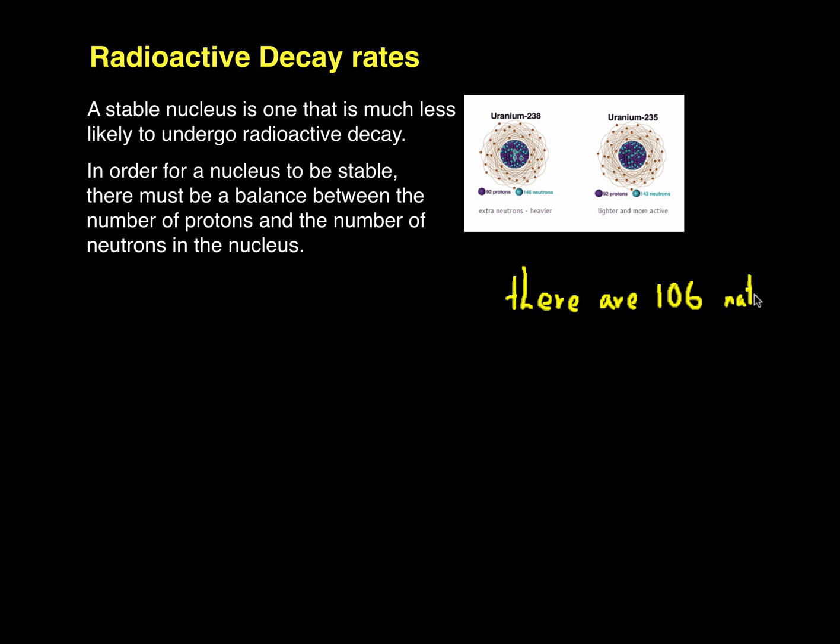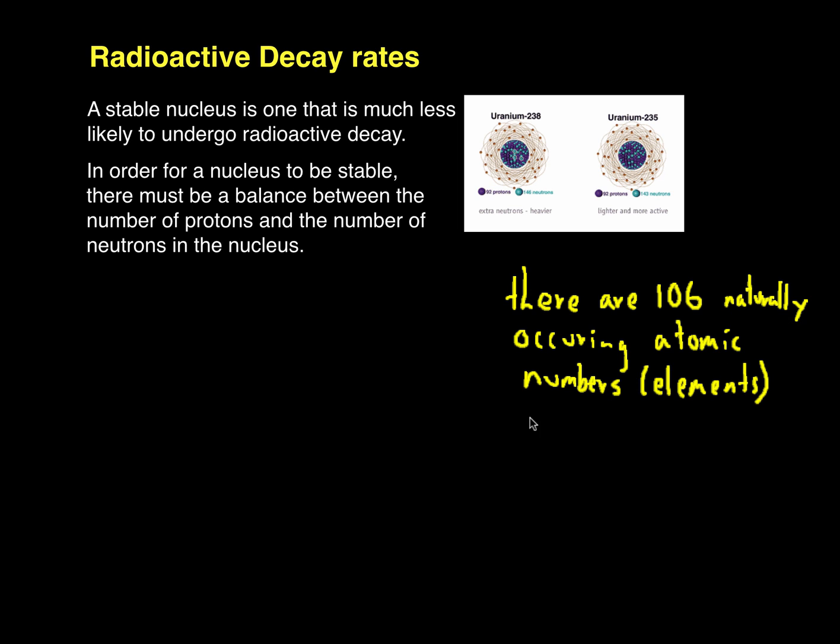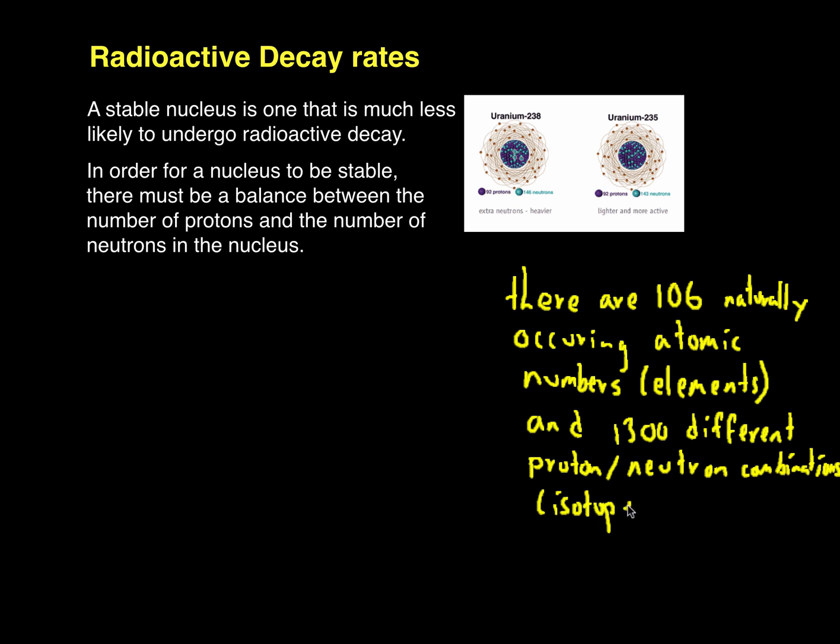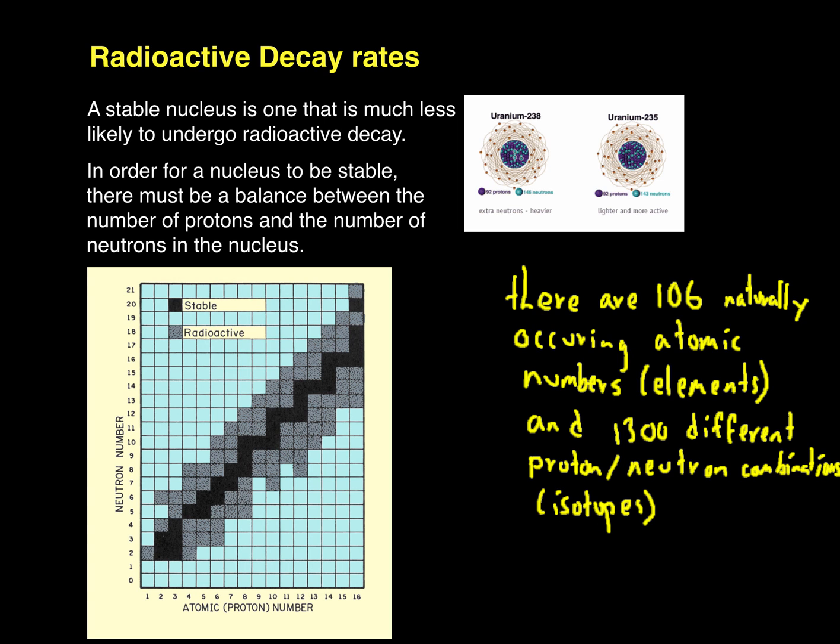There are 106 naturally occurring atomic numbers, or elements, and 1,300 different proton-neutron combinations. These are the isotopes.